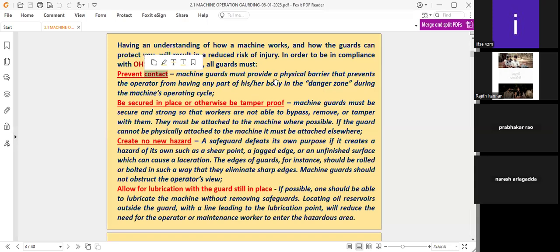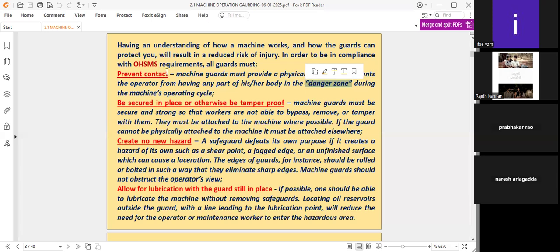So think along that line: the guard is there, or not there. If the guard is not there, it becomes a danger zone, because your body parts, either your shirt or your fingers, or the shirt sleeve points where you have not tucked in or folded, will get caught. Therefore, if the guard is there, nothing happens.